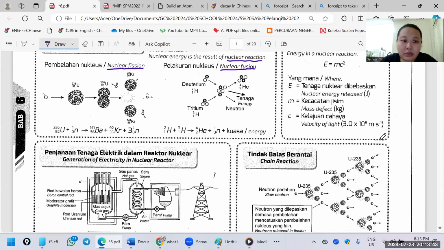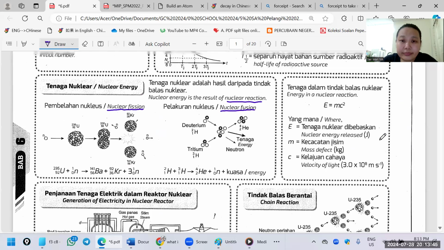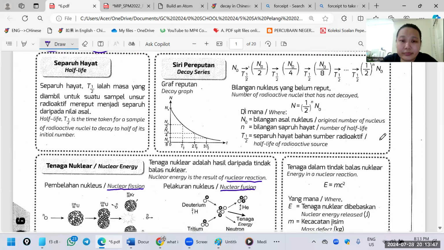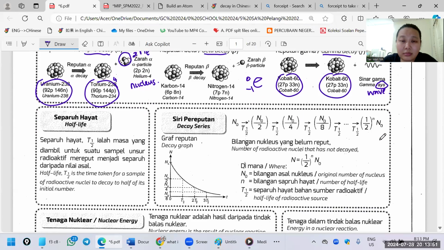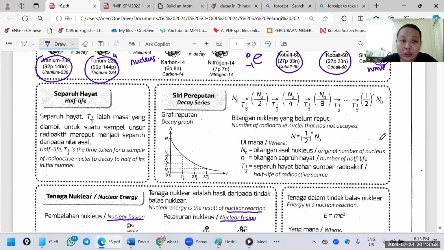Okay, so now actually this chapter only has 2 parts to calculate. One is half-life, in a graph and in a series.